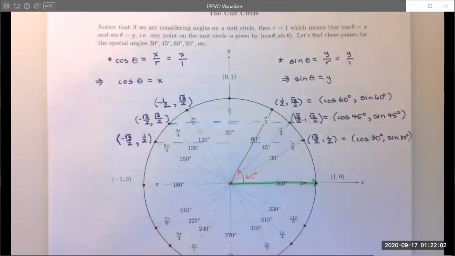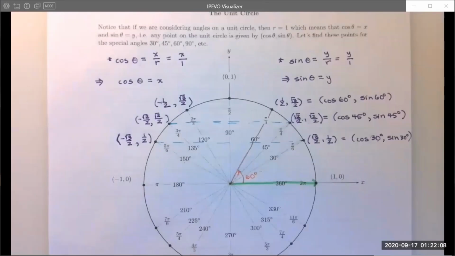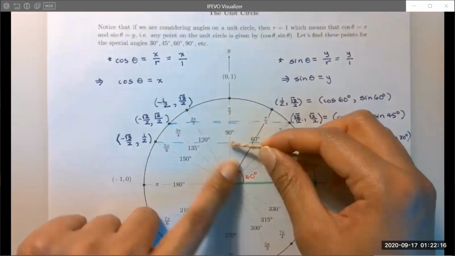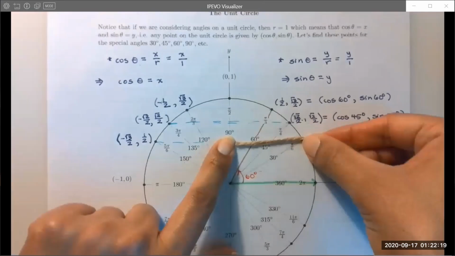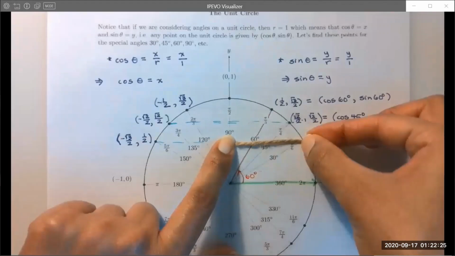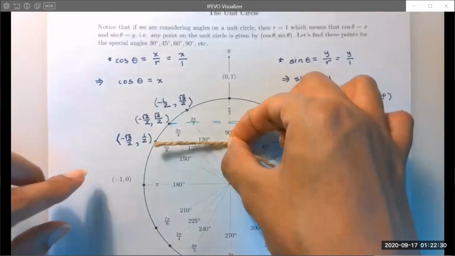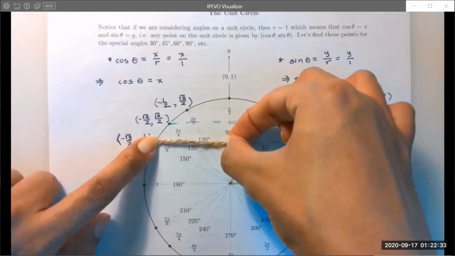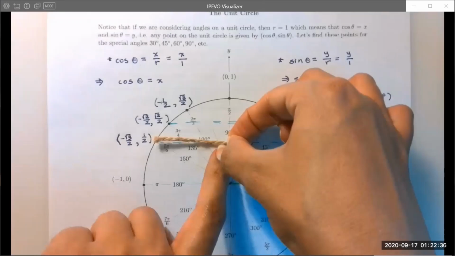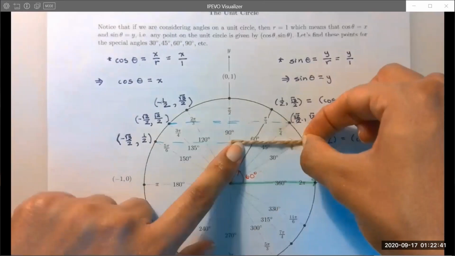So what are we doing here? We're taking these points and reflecting them across the y-axis, right? I'll use that same string demonstration that we did last time. If I take this string and measure the distance to that point, that would be the x coordinate, which is square root of 3 over 2.